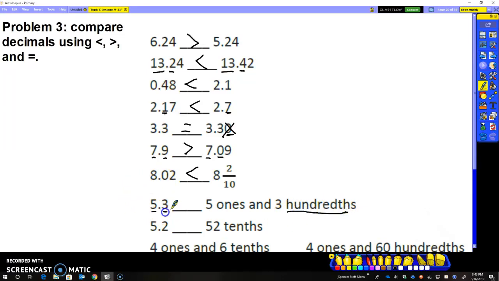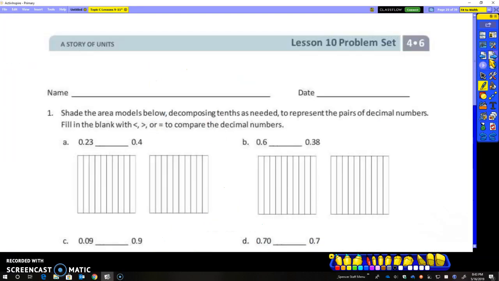Well, this is not in the hundredths place. Those are in the tenths place, so tenths are larger. 5 and 2 tenths. This is 52 tenths. Well, if I think here, I have 2 tenths, and those 5 ones have 50 tenths. That is true.